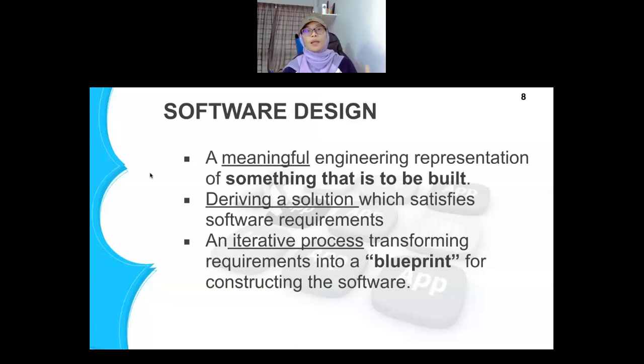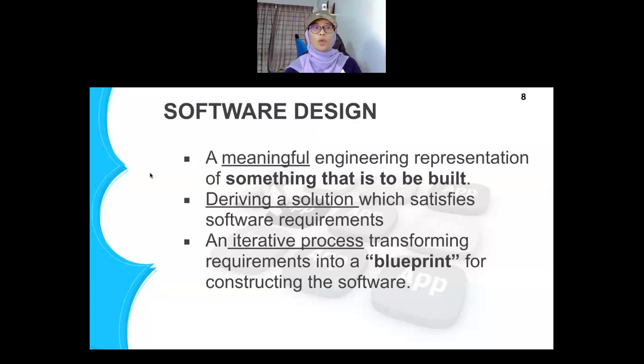Software design is an iterative process. It's a blueprint, yes, but it's iterative from achieving the business level to the user level until the product level. Like I said, if we involve users in the process, we will have a few phases where you have to improve it.